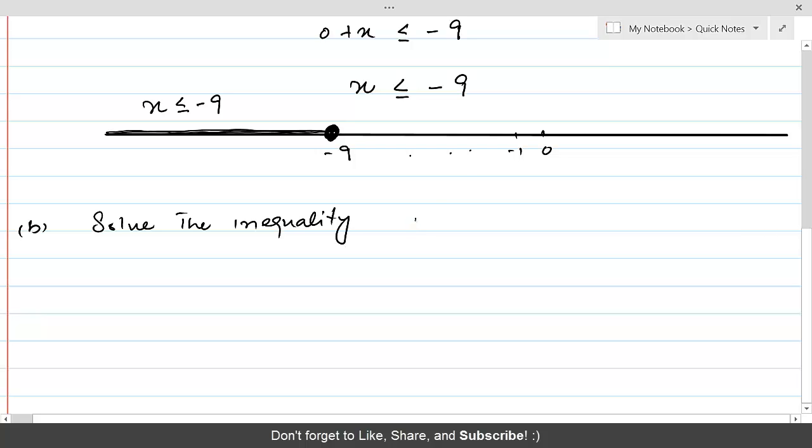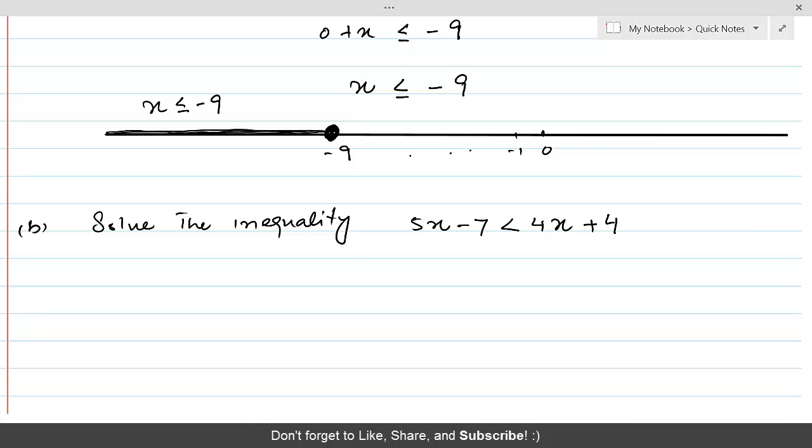That is 5x minus 7 less than or equal to 4x plus 4. Just like solving linear equations, we use the same strategy for solving inequalities as well. We will first collect all the unknown quantities on one side and all the known quantities on the other side.